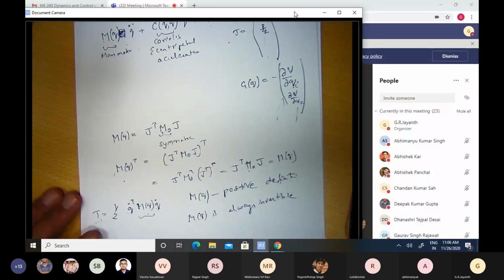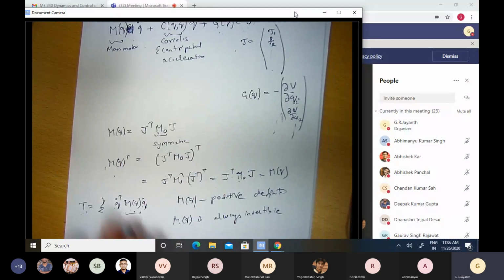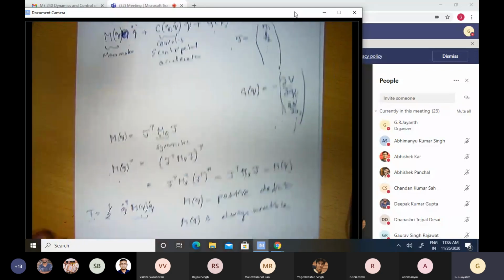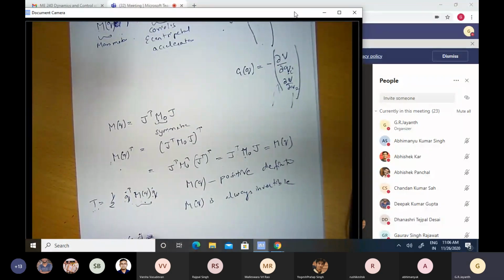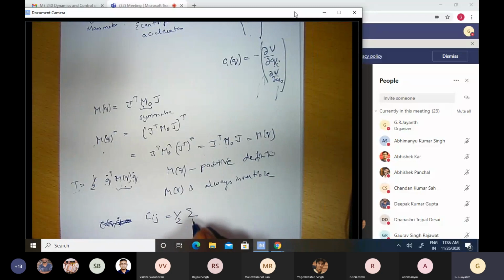Okay, so that is the first comment that I wanted to make, that M of Q is symmetric and is also invertible. The second comment: what is the expression for C of Q and Q dot? It turns out that the expression for the ij component, I'll just write down Cij, is equal to half sigma over k.